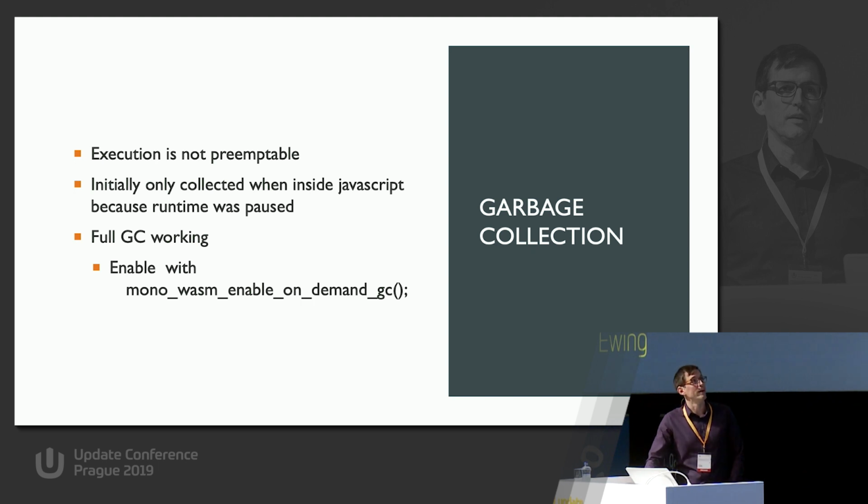Now, with work related to cooperative GC that's been ongoing also for console work, when we need to allocate memory, we can also run the GC, because basically we can stop ourselves. This works with threading as well.